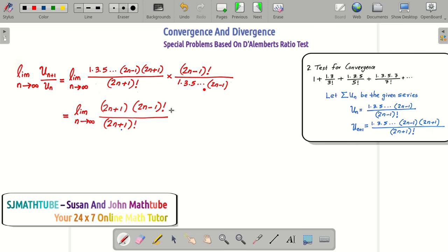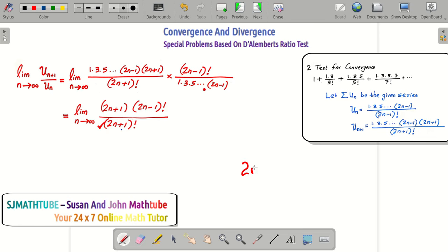Simplify. Now look at this. We have two factorials: 2n minus 1 factorial and 2n plus 1 factorial. Always remember, in factorial simplification, you have to manipulate the bigger quantity. It's clear that 2n plus 1 is bigger than 2n minus 1.